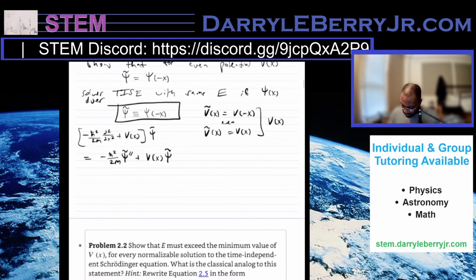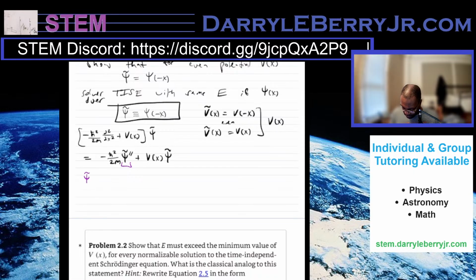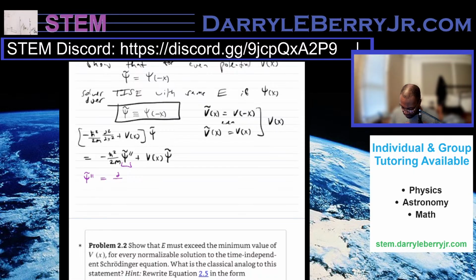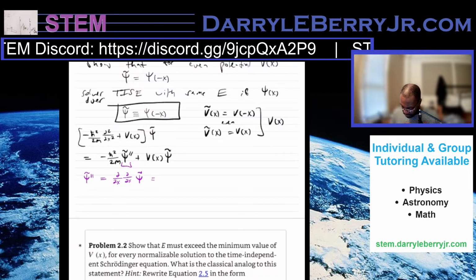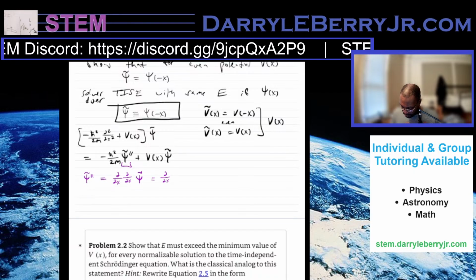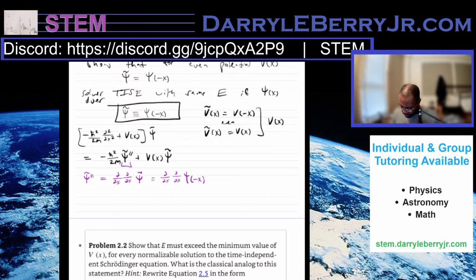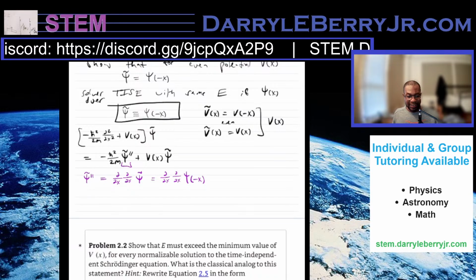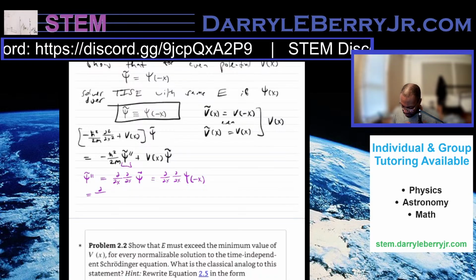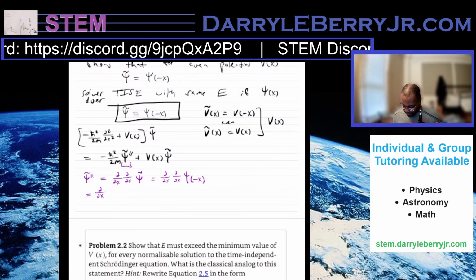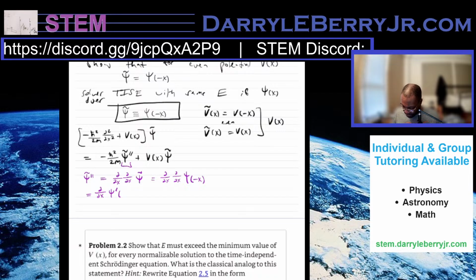So the first derivative is going to be psi prime of negative x.